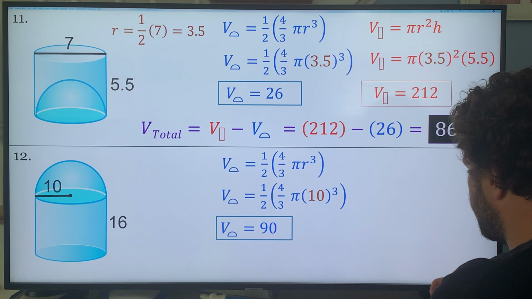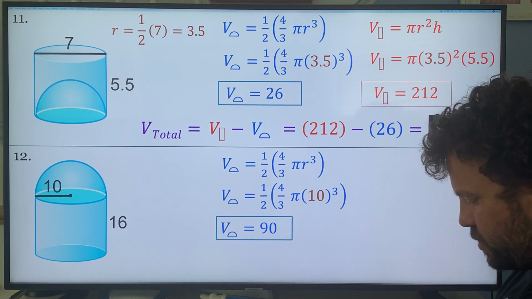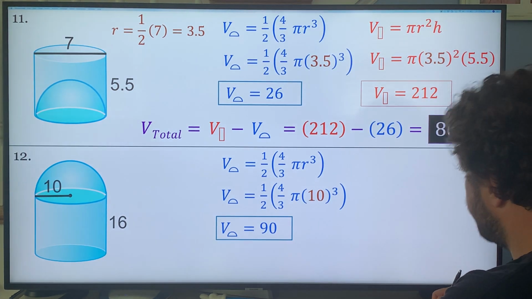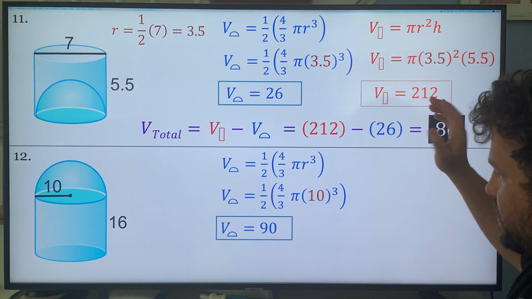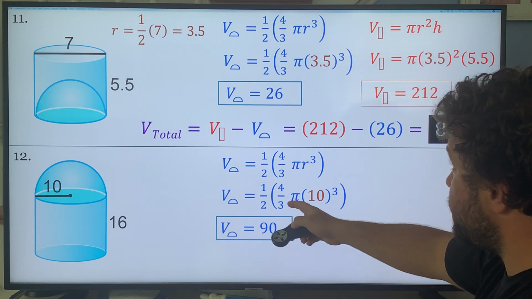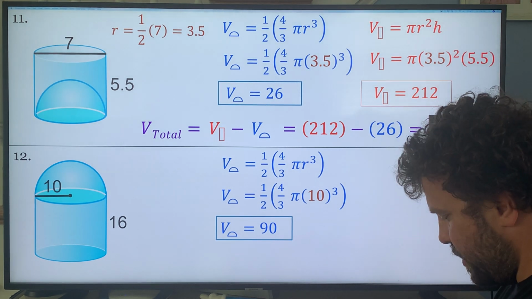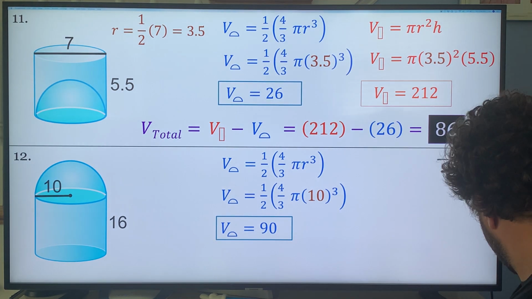So this should have been 212 minus 90, and 212 minus 90 is 122. So this answer is 122. I'm sorry, very sorry. I had to go back and do that. All right, so this answer right here, oh, that's where my 90 went.